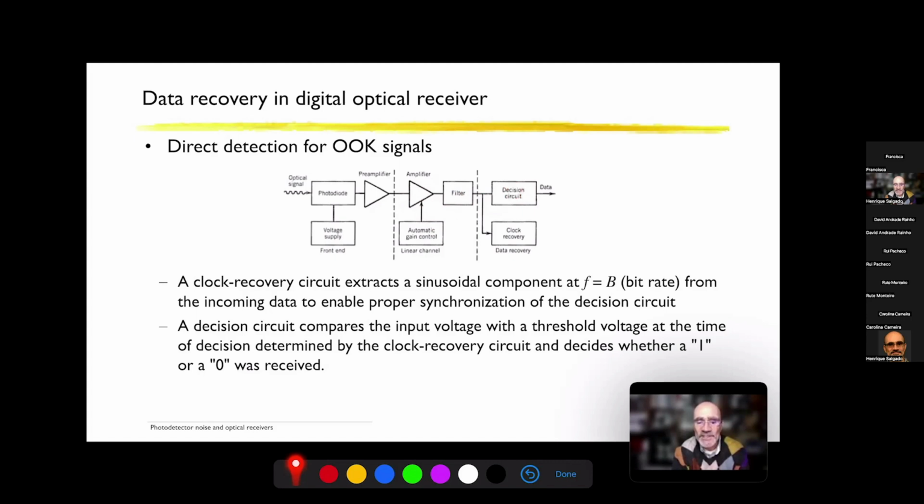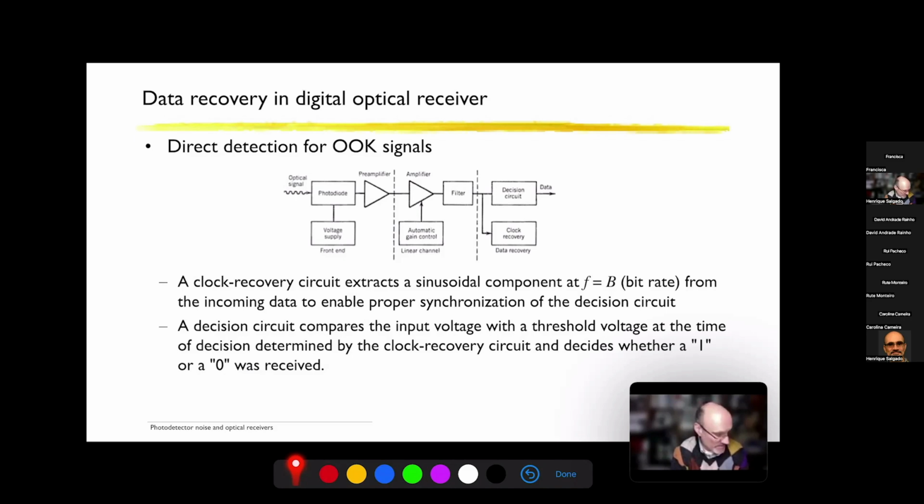The decision circuit requires information about the data rate of the signal being transmitted. This data rate information is provided by what's called the clock signal, which will sample the received signal to decide whether a 1 or a 0 has been transmitted.